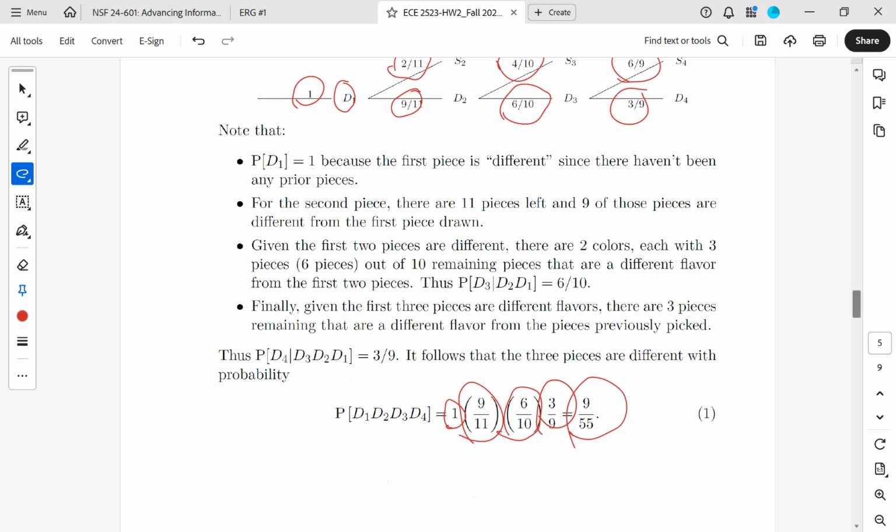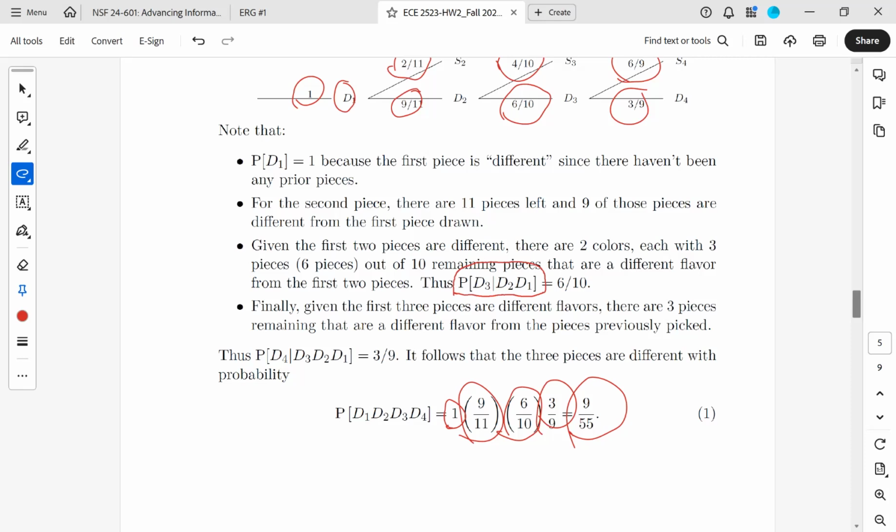Now, in the solution, you might see a different notation that I didn't discuss more precisely in the previous sessions. When we wanted to define the probability of having a different flavor, for example, a different flavor in draw 3, in the solution we use a terminology like that.